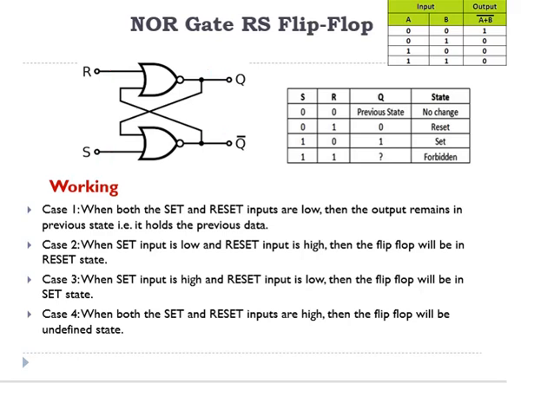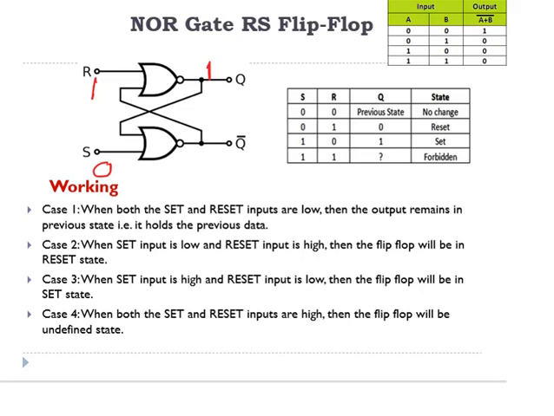Now we consider case 2, when the set input is low and the reset input is high. That means the set input is low, that is 0, and the reset input is high. Let's see what will be the output. Since this reset input is high, supposed to be 1, right? Since one of the inputs to the NOR gate is high, the output will be what?